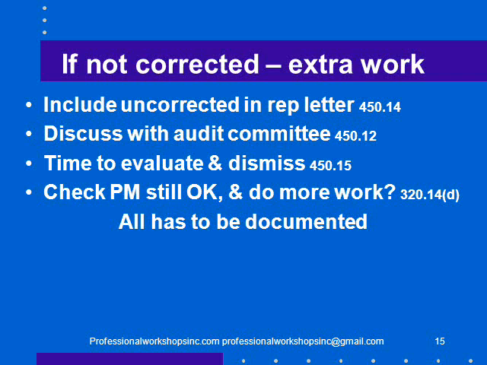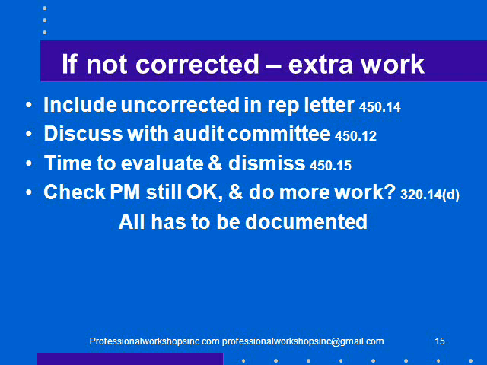And probably worse, we're going to have to check if our performance materiality is okay. If planning materiality was $100,000 and performance materiality was $80,000, and we found $40,000 in uncorrected errors, and the client refuses to correct it, well, we haven't done enough work, because performance materiality should have been $60,000 or $50,000.